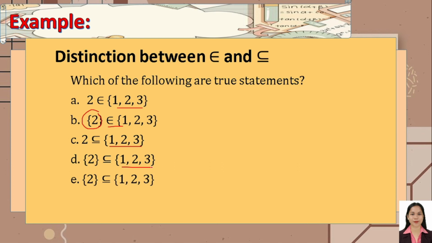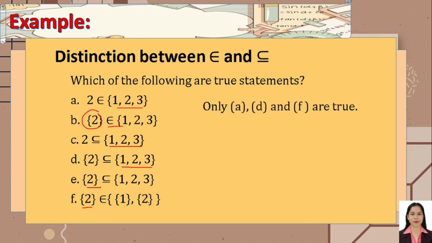And then letter E has another set that is a subset of 1, 2, 3. And then we have here a set that is an element of these two sets. So only A, D, and F are true. Which ones only? A, D, and F.